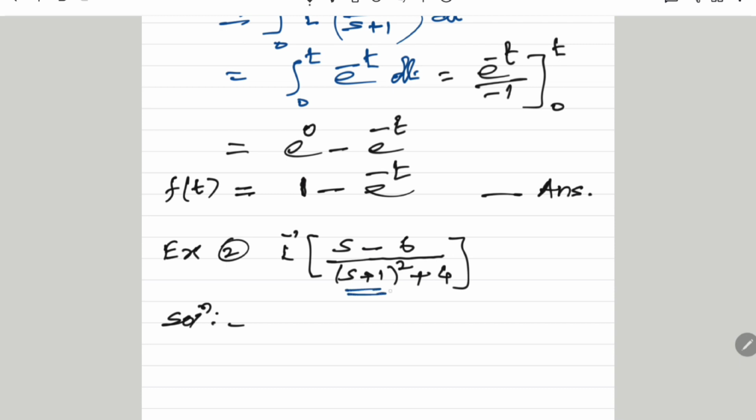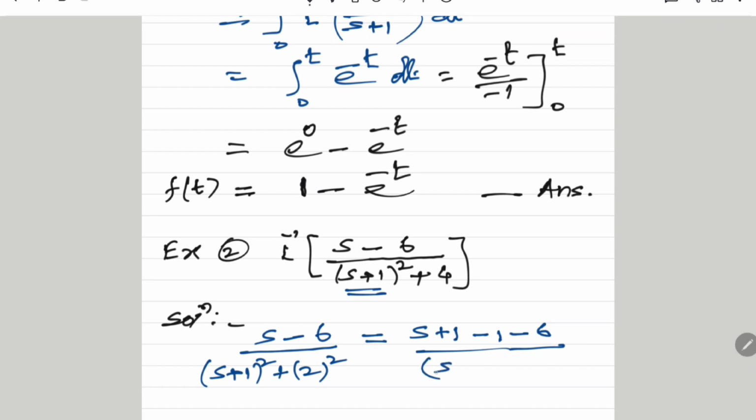Therefore, everywhere s must be replaced by the same term, and therefore rewriting that s minus 6 as s plus 1, we add 1, subtract 1, so that there is no change in the original value, and the whole is divided by s plus 1 whole square plus 4, which means it is 2 square, divided by s plus 1 whole square plus 2 square. This is the first step, rewriting that s as s plus 1 and then minus 1.